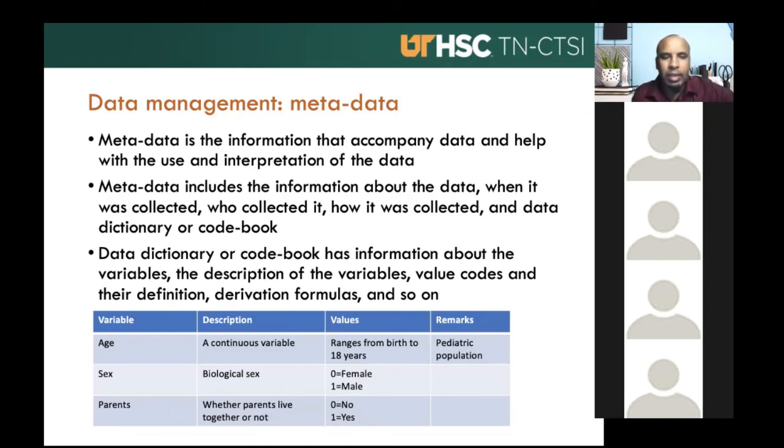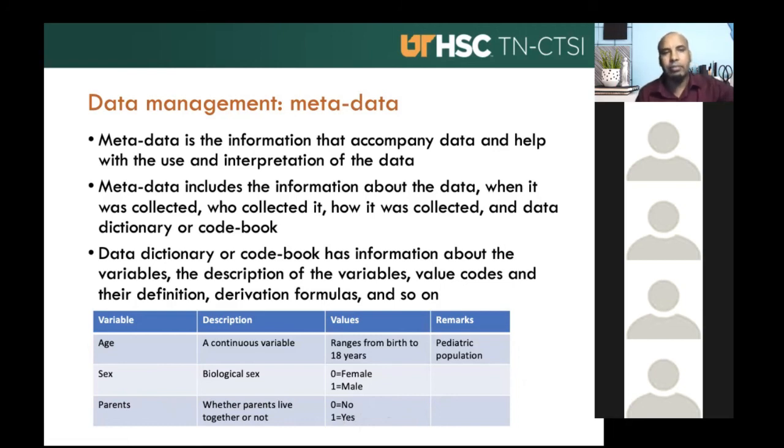Otherwise, imagine after a couple of years you go back and you only have the spreadsheet for the data with only zeros and ones. You never know what zero stands for and what one stands for. If we don't have the description of the variable parents, for example, we never know what parents stands for.